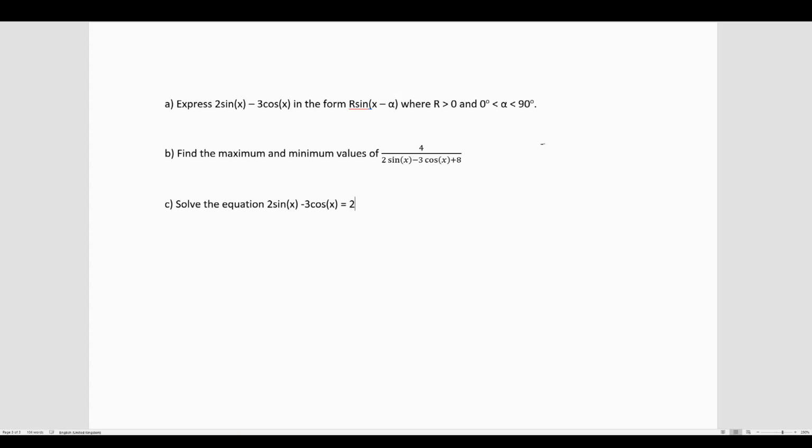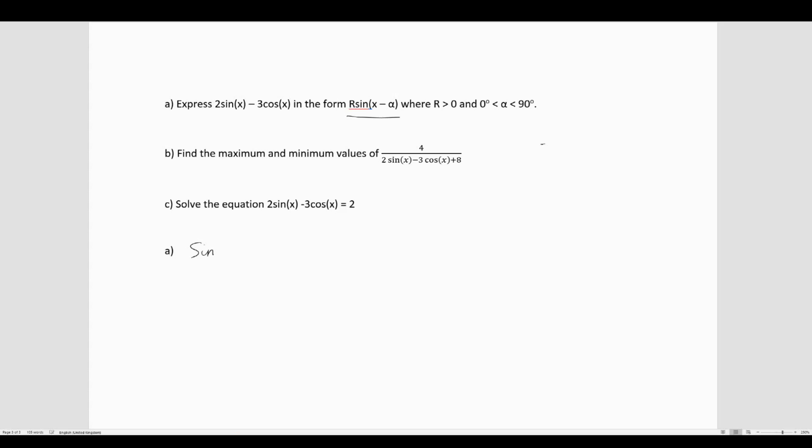Okay, so to start with, we need to write the expression in harmonic form. The way I do this is I look at the form they have asked me to express it in, in this case r sine (x minus alpha), and I expand it using the compound angle formula for sine.